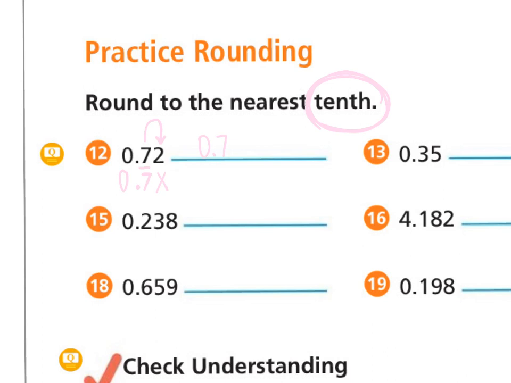Let's try number 15. Underline the digit, look next door. 3 is less than 5, so 2 stays the same. Everything to the left is copied exactly the same. Everything to the right is eliminated. 0 and 2/10.